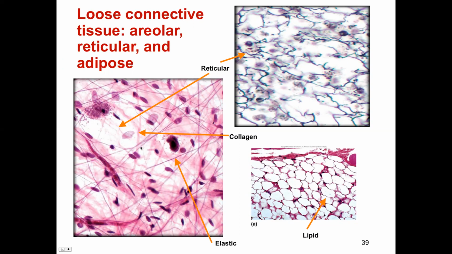If you see it in a case like this, the reticular is sort of the fainter ones, and the collagen usually tends to be a little bit thicker, and the elastic are the darker ones. It's a little bit harder to tell, and I know that. But this shows you the difference between areolar, reticular, and adipose.